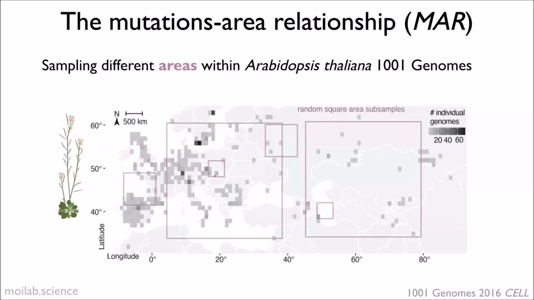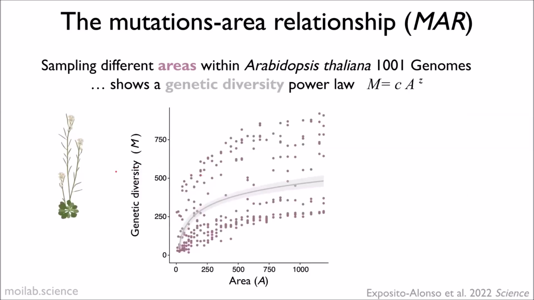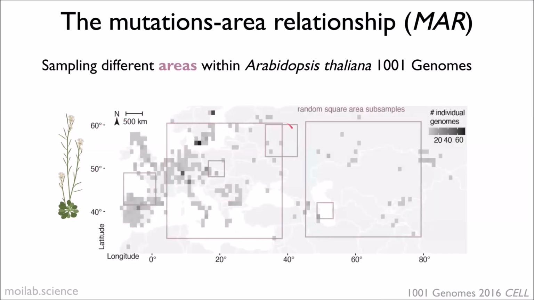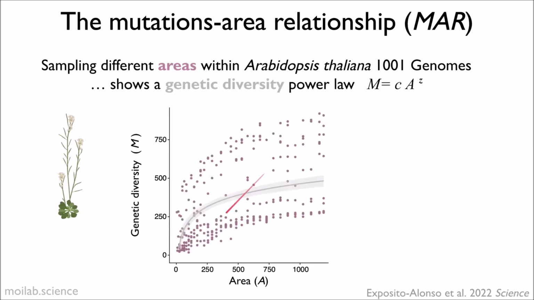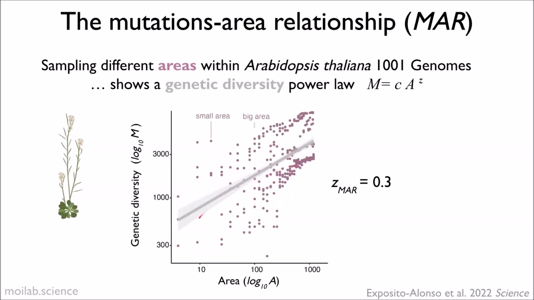And genetic diversity we can quantify as segregating sites, which would be the equivalent to number of species, right? Allelic richness. And what we saw is that there is also a power law with the area of the boxes. So these are 1,000 randomly drawn boxes in the distribution, all of these dots, and this fits a power law.